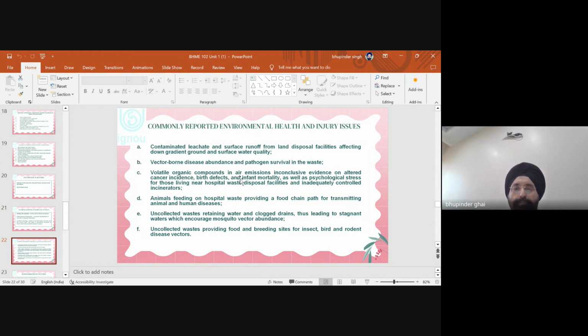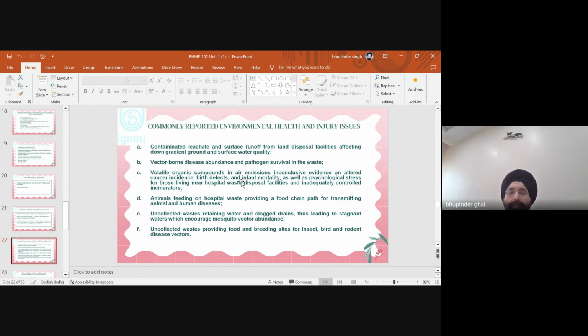Volatile organic compounds in air emission are evidence of altered cancer incidence, birth defects, infant mortality, as well as psychological stress for those living near hospital waste disposal facilities and inadequately controlled incinerators.